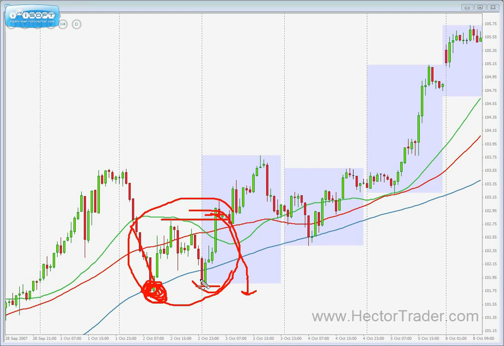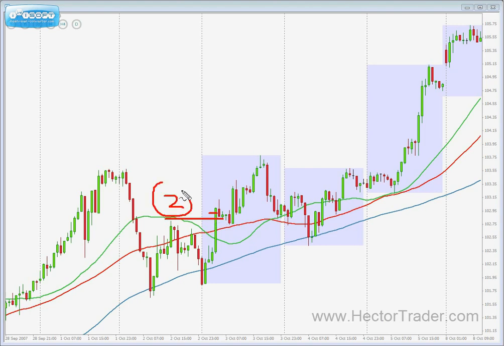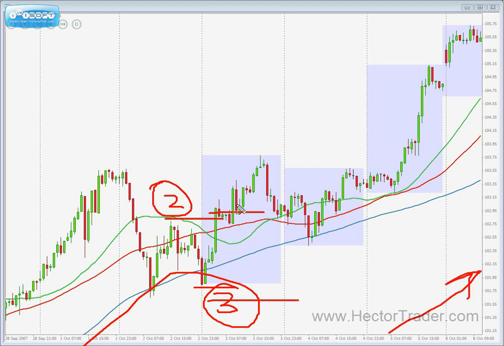So always remember, entry as you take out the high of the aspect number 2, stop loss a few pips below the low of the aspect number 3. That's entry, that's stop loss, strength is to the upside, and there it goes in our direction.